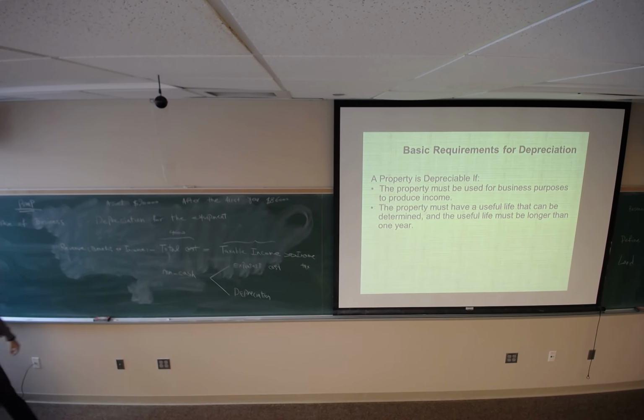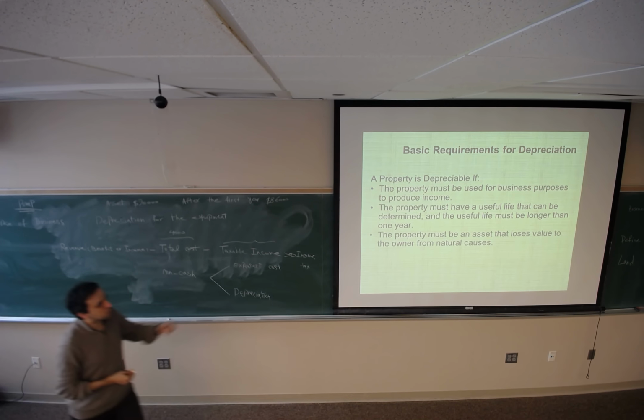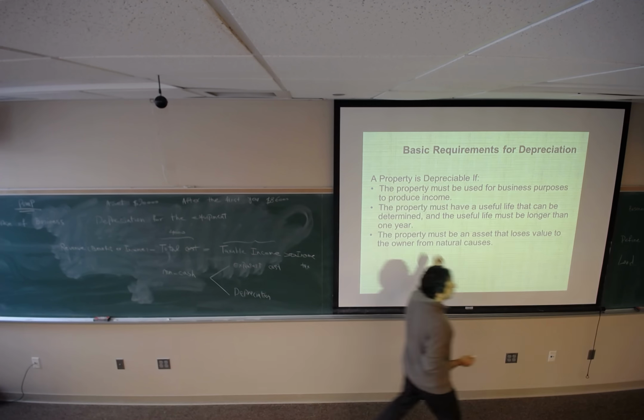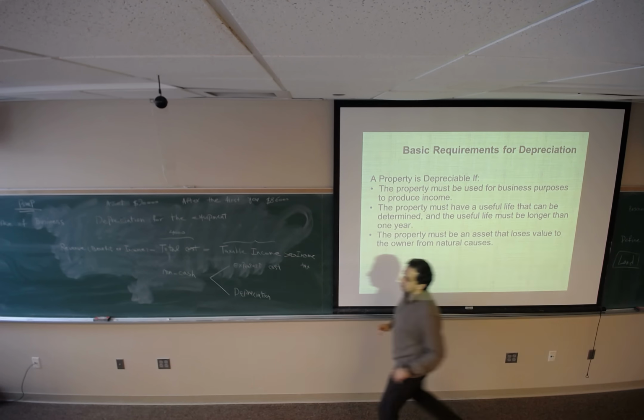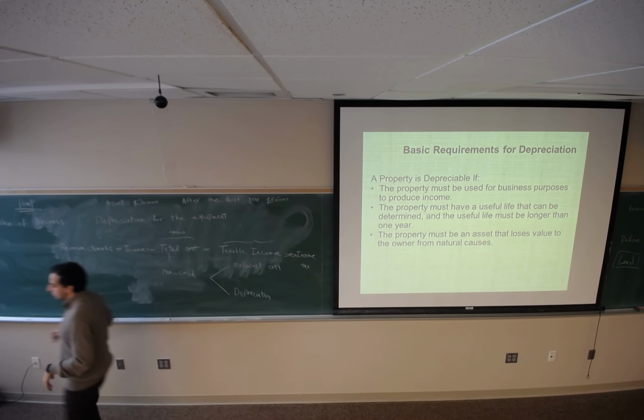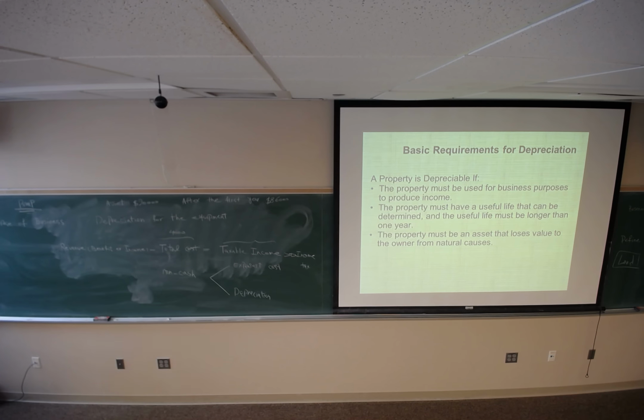If you buy an equipment or asset with a useful life of less than 1 year, you cannot depreciate that. And also, the property should lose its value when you are using it. Land is another example that you cannot depreciate because it's not going to lose its value over time. So the property should lose its value over time.